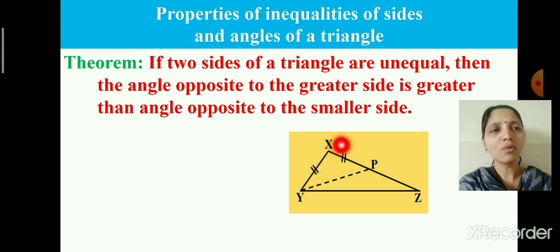So here what you can say? Side XZ is greater than side XY. Correct? Now which are the angles opposite to these two sides? The angle opposite to side XZ is angle Y, and the angle opposite to side XY is angle Z. So the angle opposite to the greater side is greater than the angle opposite to the smaller side.